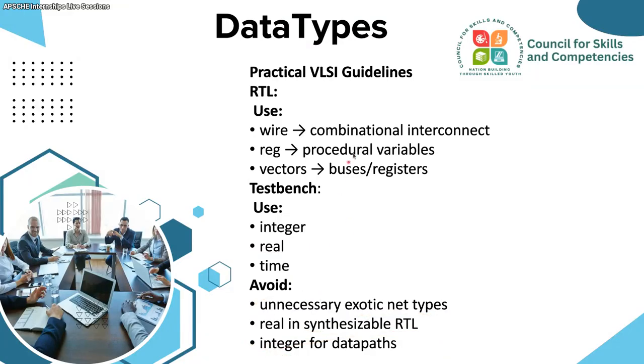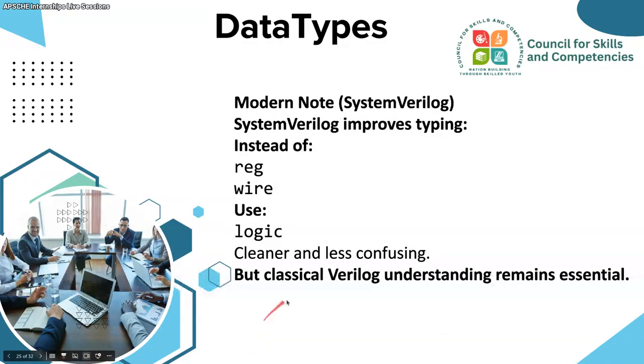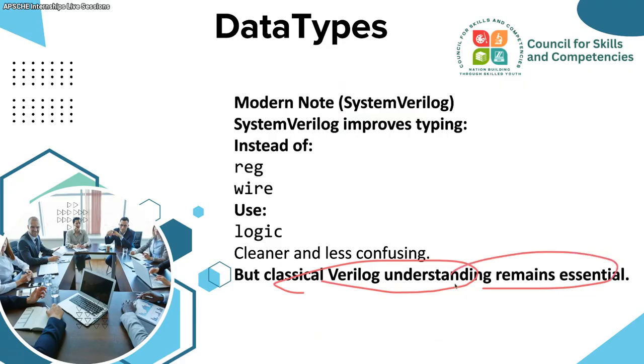They are asking us not to use such things. In modern SystemVerilog, instead of reg and wire they are using logic, so it is cleaner and less confusing, but classical Verilog understanding remains essential.